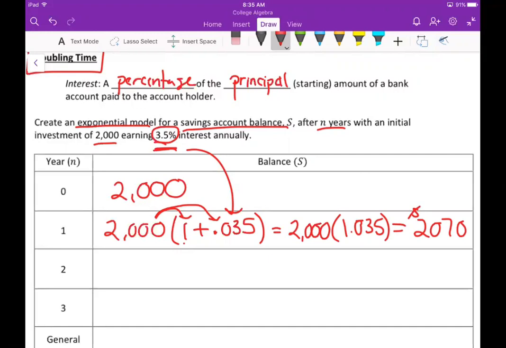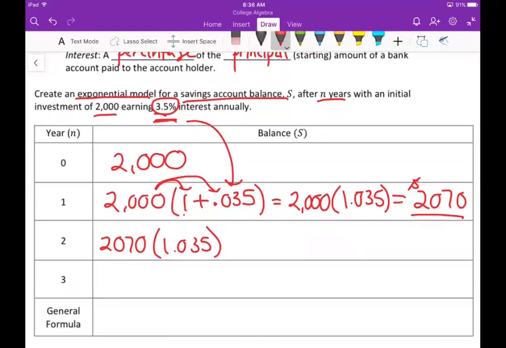Now, what happens with this is that a lot of savings accounts will then take the new balance. So we'll have the new balance here, which is $2,070. And again, we'll take it times 1.035 again to figure out what the new balance is, okay? But again, we want to relate this back to 2,000 if we can.